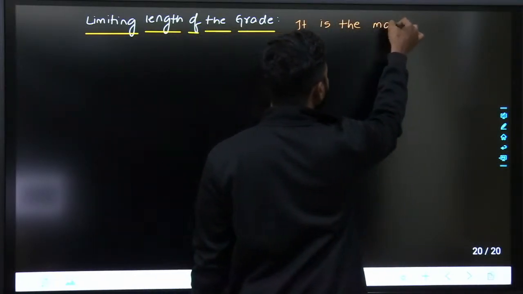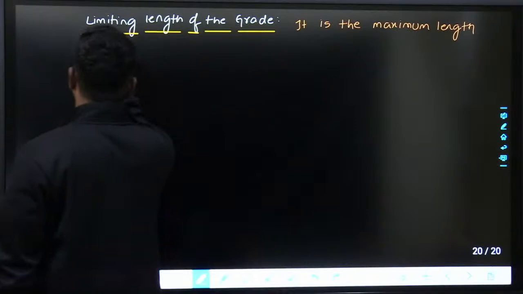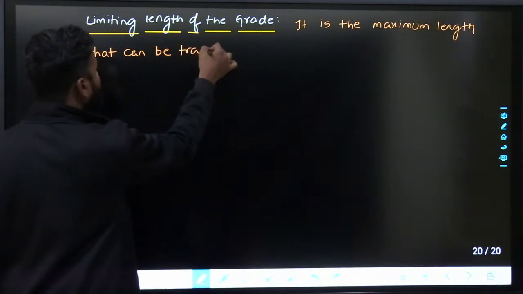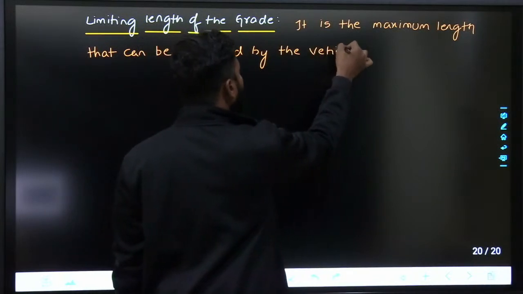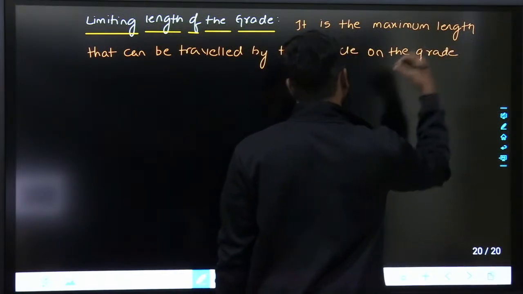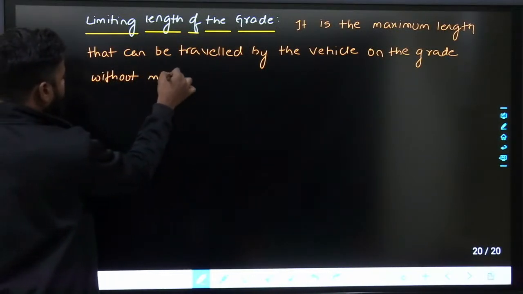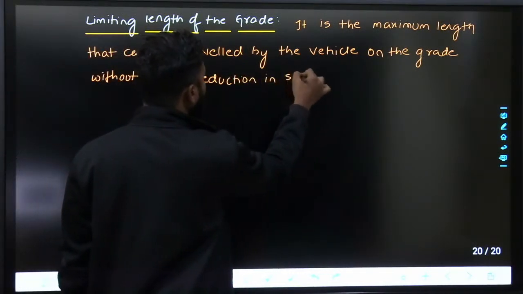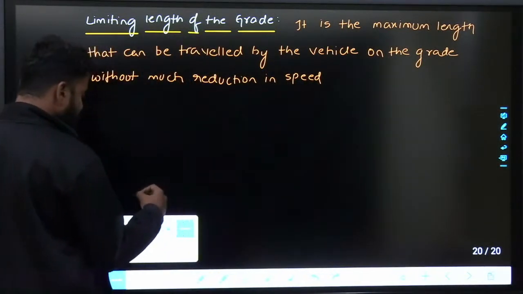It is the maximum length that can be traveled by the vehicle on the grade without much reduction in speed. It is the maximum length that can be traveled on the grade.